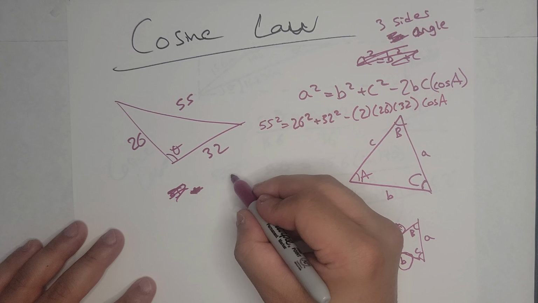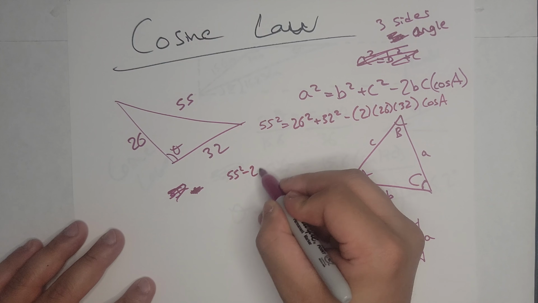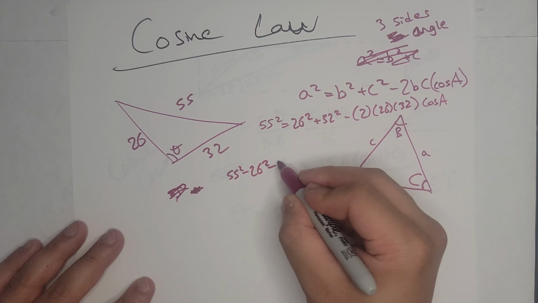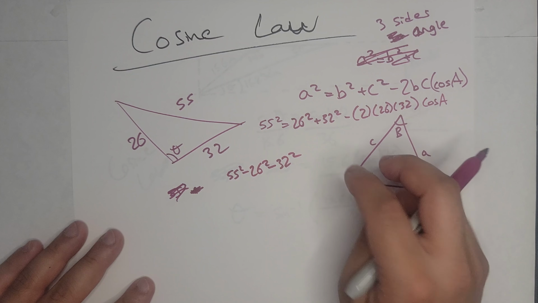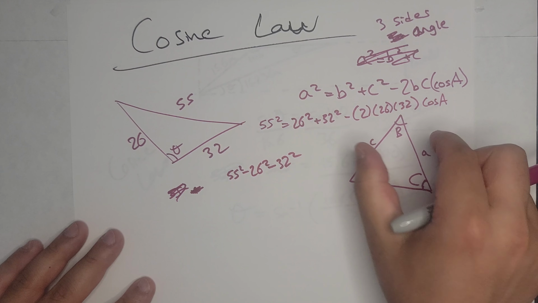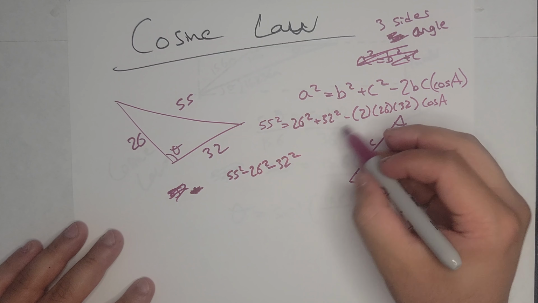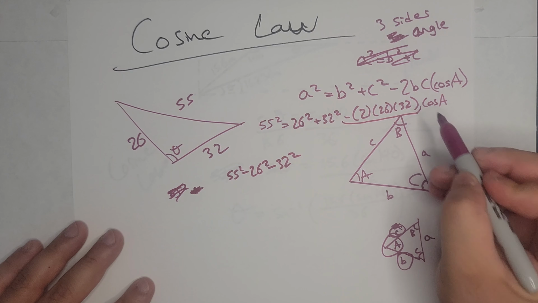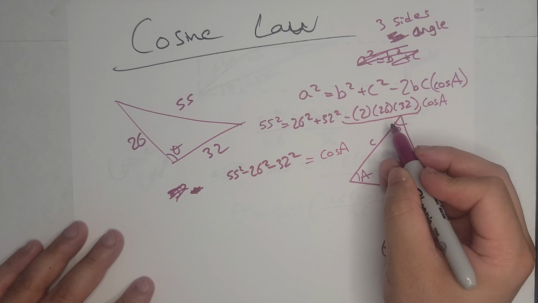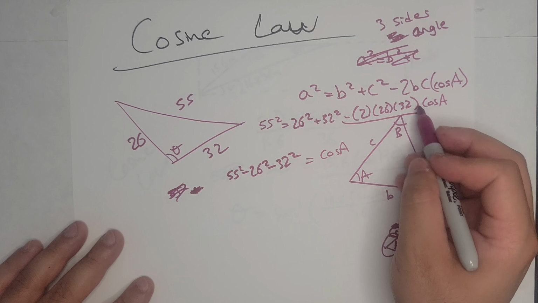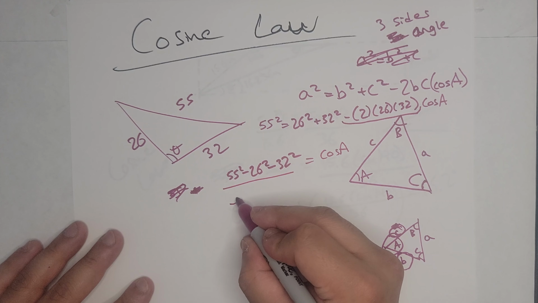So that'll give me 55 squared minus 26 squared minus 32 squared. And on this side, if I'm left with this term only, I want to get rid of all that and just isolate the cos A. That's all being multiplied by all this, so I can divide it.